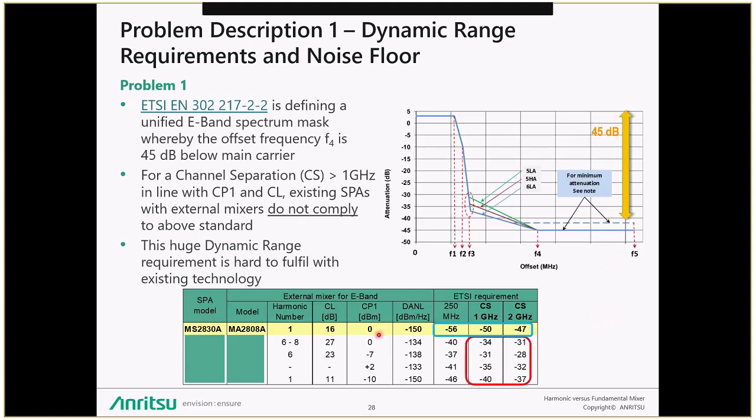But in the case of the high performance fundamental mixer of Anritsu, we can ensure that for a channel separation of 1 GHz, we can meet even 50 dB for this frequency offset. And for the channel separation of 2 GHz, we can meet the 47 dB for this frequency offset. So we can see that we need a very high performance mixer to fulfill the requirements of this standard.